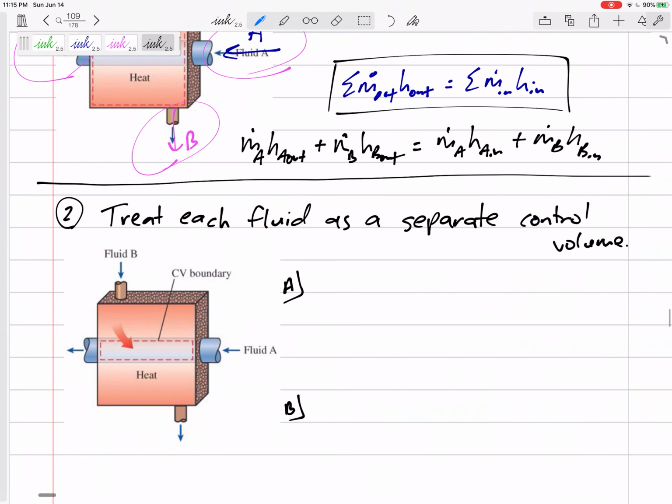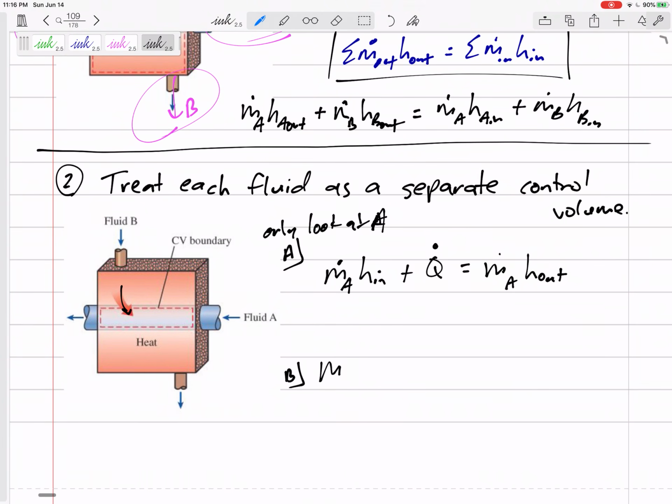But if we treat them separately, so if we only look at A, then we do have some Q coming in, and it'd be something along the lines of this: m dot A, H in, plus the Q between the two, equals m dot A, H A out.